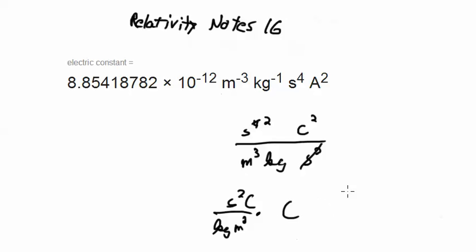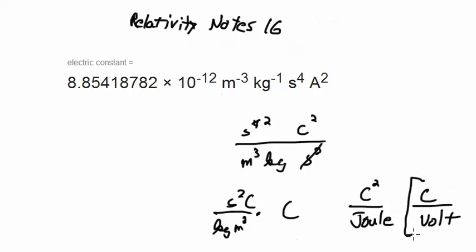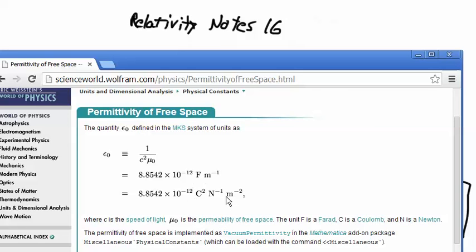We could refer to that as coulomb squared per joule or coulombs per volt. I think I like this one better, just coulombs per volt. Other units given for this in Eric Weisstein's World of Physics is 8.85 times 10 to the negative 12th farads per meter.